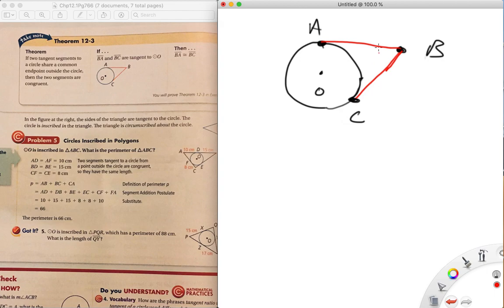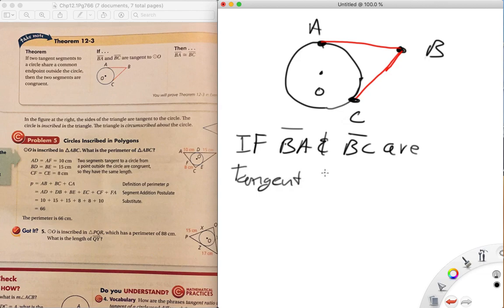Then I can say that these two guys are the same distance. So if segment AB or BA and segment BC are tangent to circle O, then those two segments are congruent.